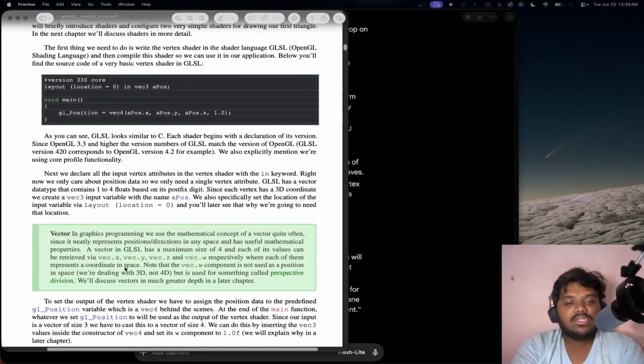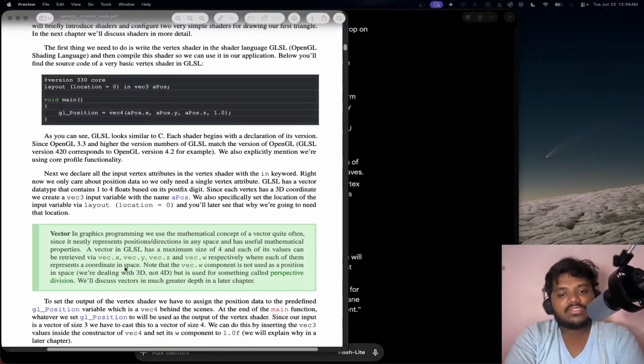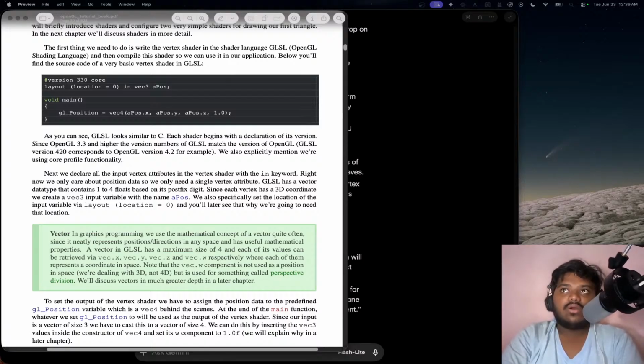A vector in GLSL has a maximum size of 4, and each of its values can be retrieved via vec.x and so on. I thought they were called vectors, so my fault.